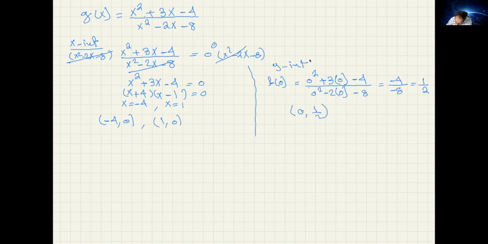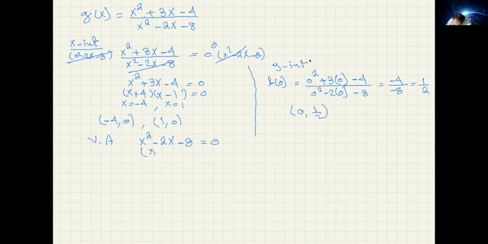Now, the vertical asymptote. What is the vertical asymptote? We set the denominator to 0, and we find how many vertical asymptotes I have. So basically here, when I set x squared minus 2x minus 8 equals 0, I have to factor again.